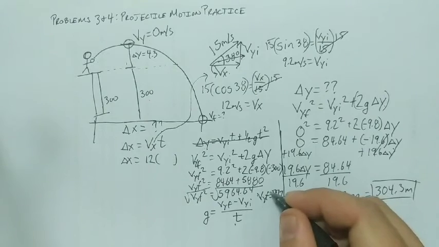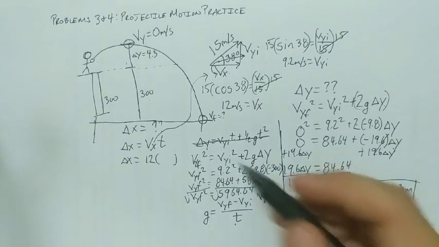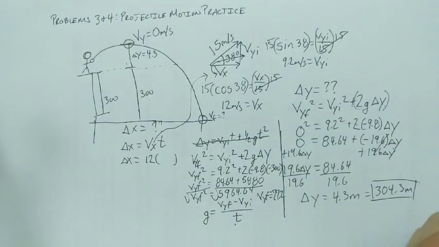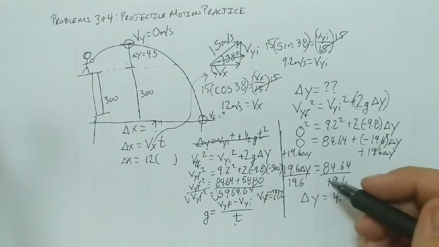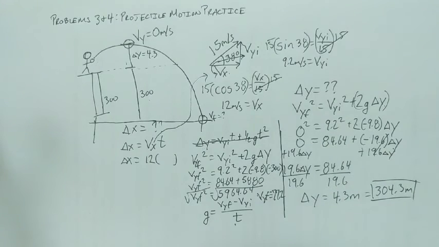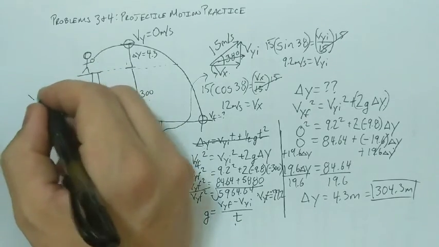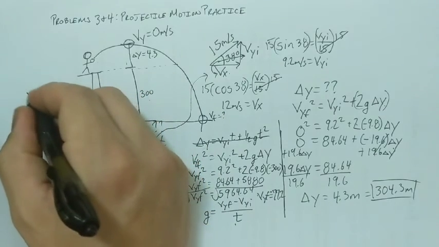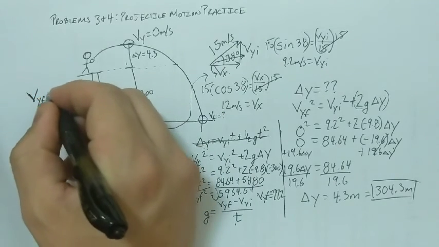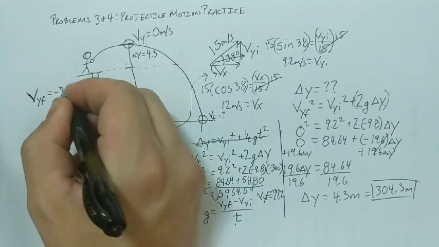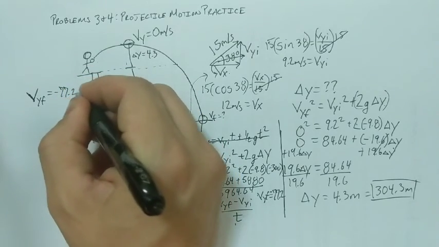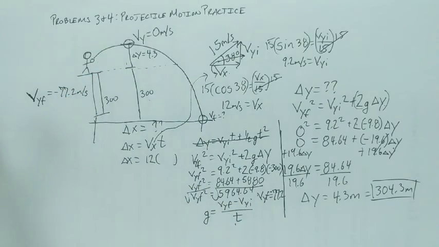77.2. And we know that should be negative because it's all the way down there at the bottom and it is going down. So my Vyf, I'm going to write it somewhere off to the side so you can see. Vyf equals negative 77.2 meters per second. And you might say, Mr. Kaufman, why is that negative? Your math showed that it was positive.